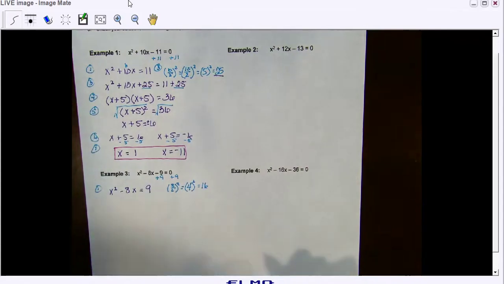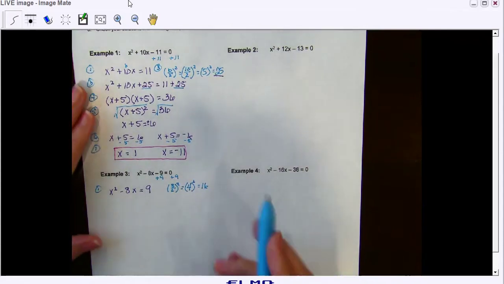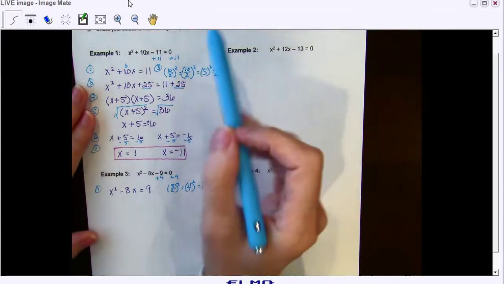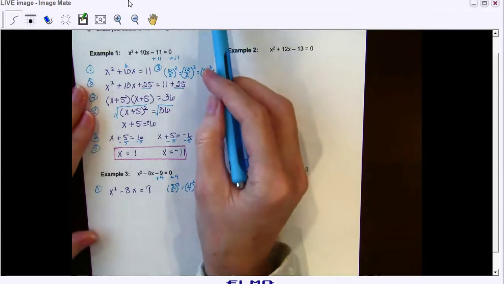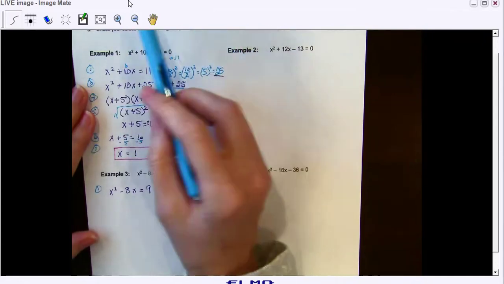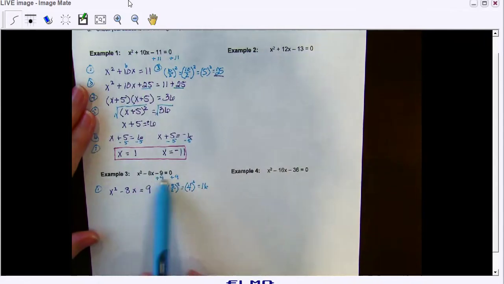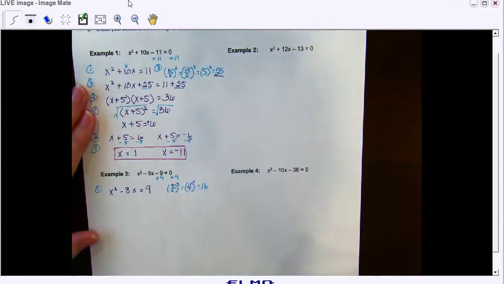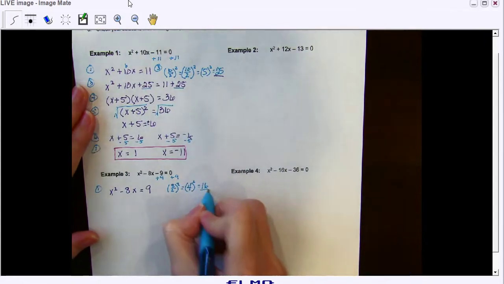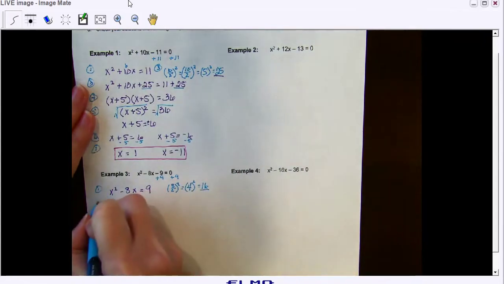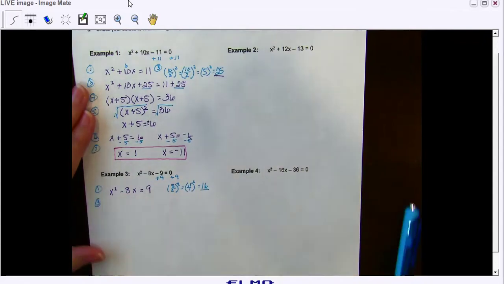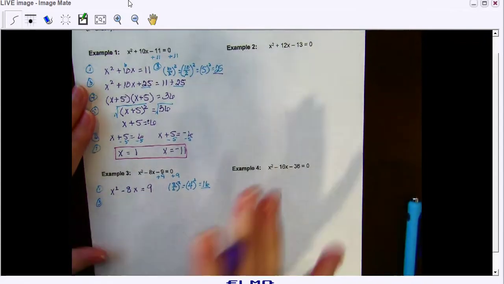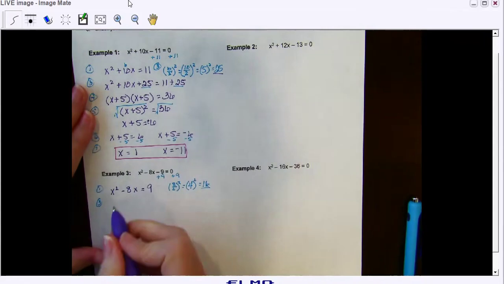Oh, that was step 3, because step 2 says factor out the GCF and we don't have any. So we're going to take 16 and we're going to add it to both sides. So this is going to be step 3, because we had to skip step 2 because there was no GCF.